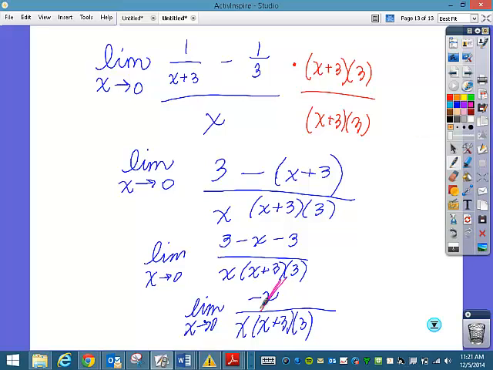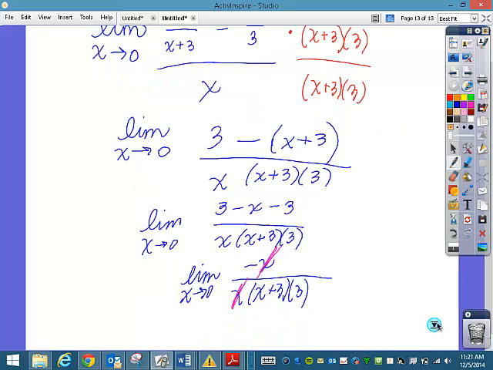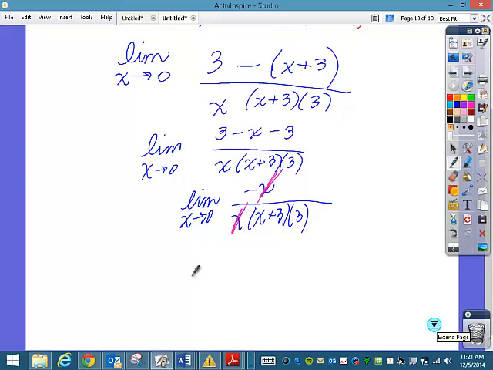So the x and the x cancel each other out. So now I have the limit as x approaches 0 of -1 over x plus 3 times 3.